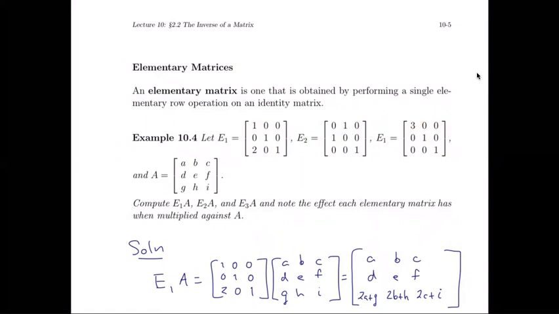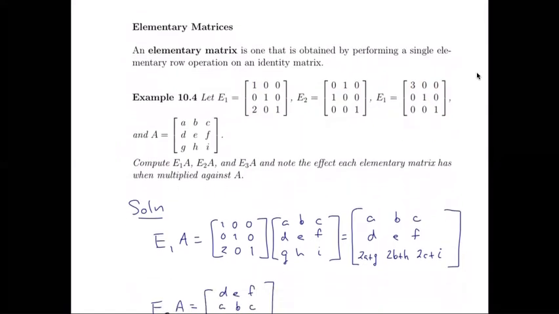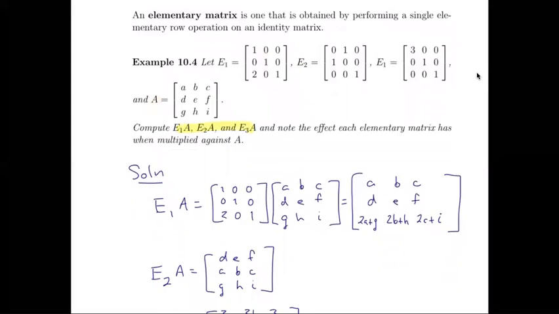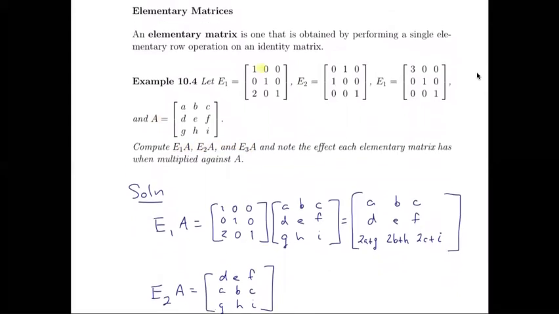It turns out these are very fundamental pieces of the matrix inverse problem. So let's take a general matrix A with these entries, A through the letter I, leading along the rows. We're asked to compute the product of each of these. So what's the effect of this E1 matrix, which was formed by taking 2 times row 1 and adding it to row 3?